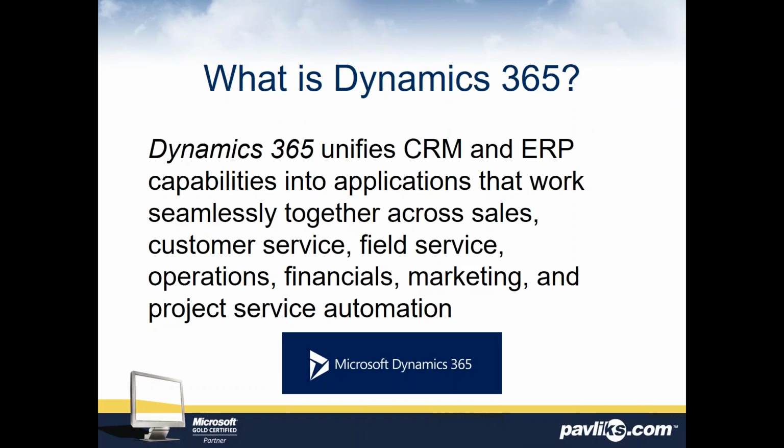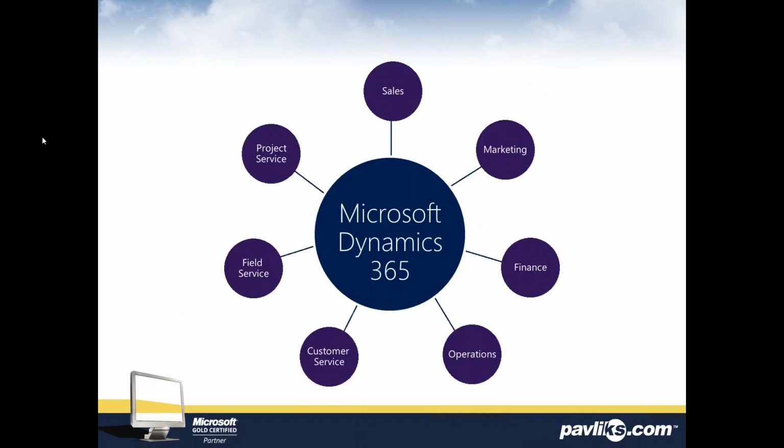They're really talking now more about sales, customer service, marketing, financials. So they're speaking to those functional units within a company, as opposed to the product names, which would be something like CRM or ERP. So 365 is really the coming together of CRM and ERP, so that it's one common platform for all those elements to work together seamlessly.